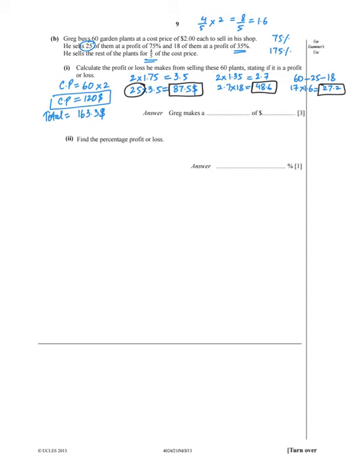That means Greg makes a profit. And how many dollars is he making? So I need to subtract 163 and 120, which equals 43.3. So he is making a profit of $43.3, and that is your part B answer.